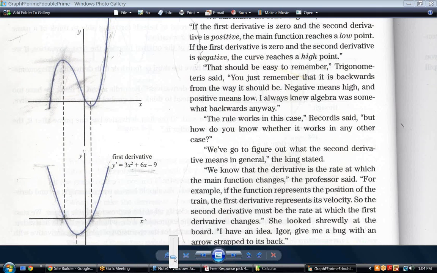What we have here is the function, its first derivative, and its second derivative. Let's just review. When the function is increasing from there to there, can you see my mouse? Yeah. The first derivative is positive, right?